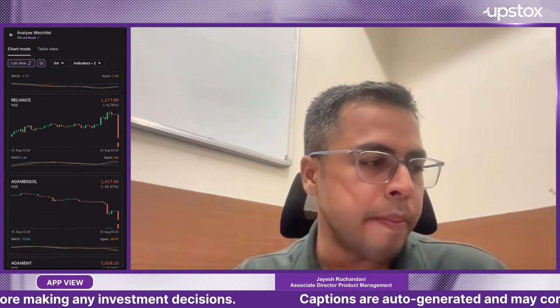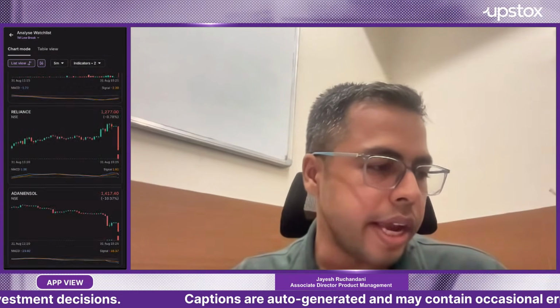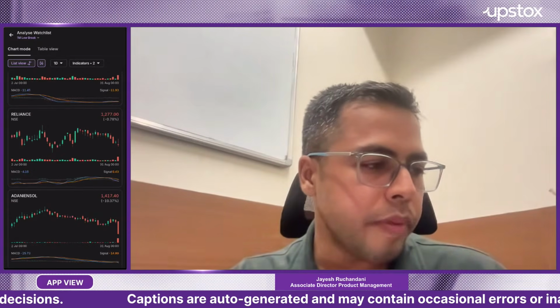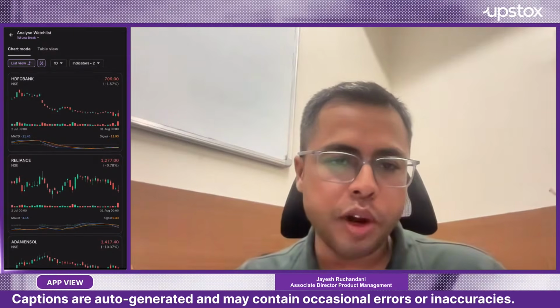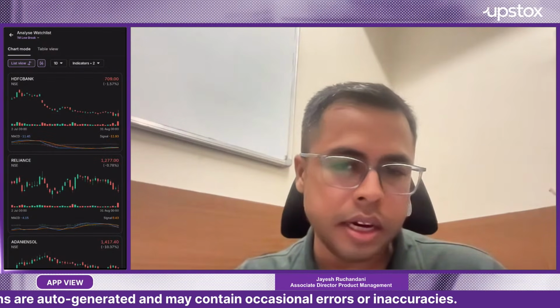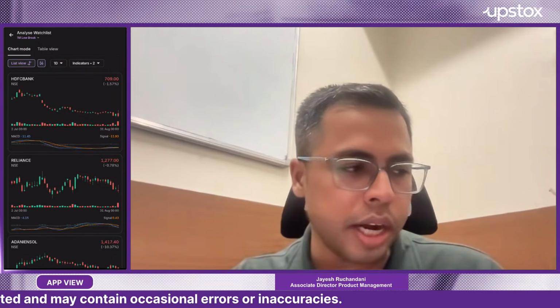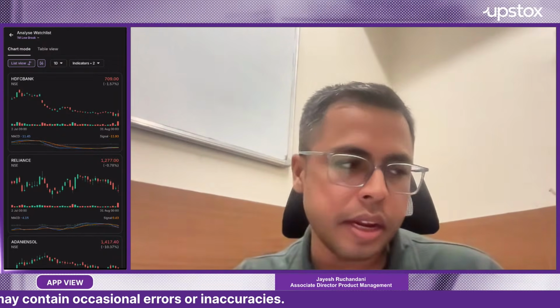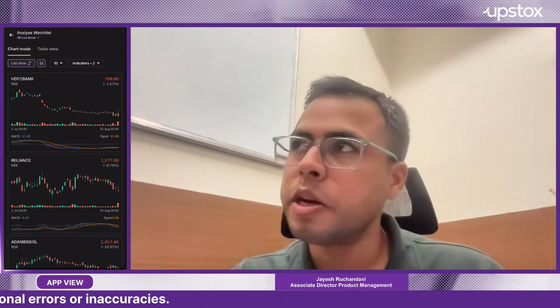If a crossover is happening, like in Reliance on a 5 minute candle, let me go to 1 day candle. So if there's a crossover happening, which seems to be in HDFC Bank. Again, I would like to add a disclaimer that none of this is a recommendation. These are only examples that we are discussing for educational purposes.